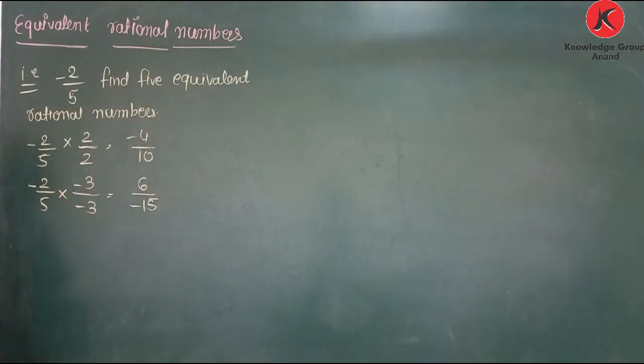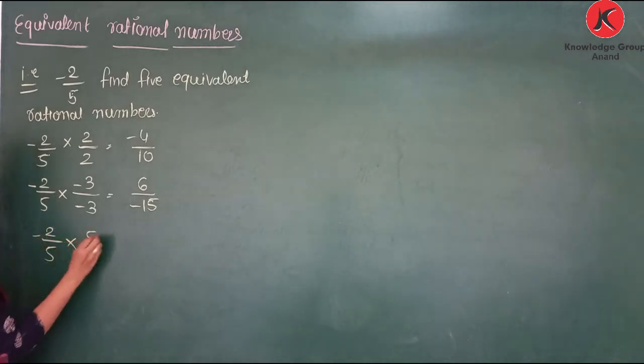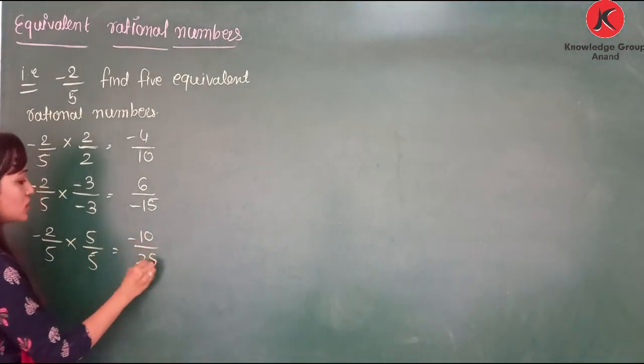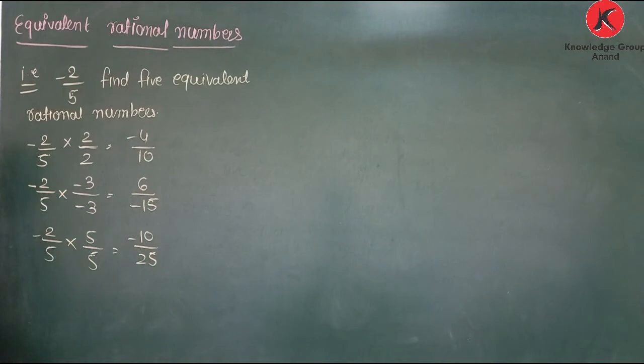As we perform multiplication in fractions, the same we need to perform in rational numbers: multiply numerator with numerator, denominator with denominator. So we get 6 by minus 15. If we multiply it with 5 by 5, then we get minus 10 by 25. So these are equivalent rational numbers.